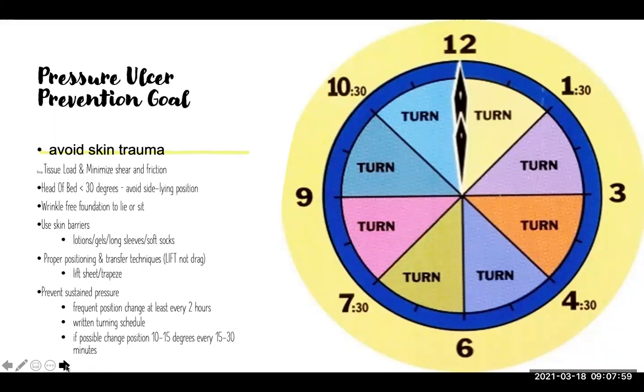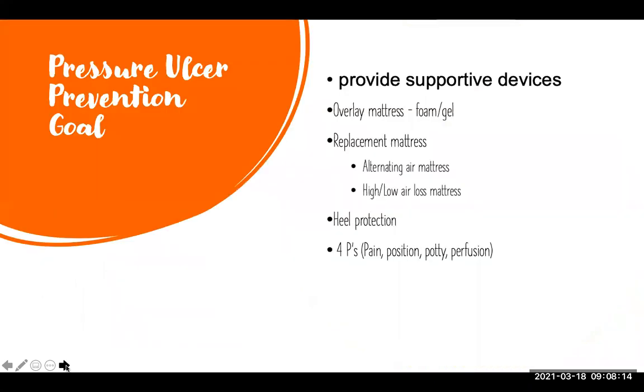Frequent position change. The more frequent their turn, the better overall. And just remember not to drag them and cause shearing on the bed. Supportive devices. We have different devices that we can use to help redistribute pressure on the surface of the skin. And that's what the supportive devices are.